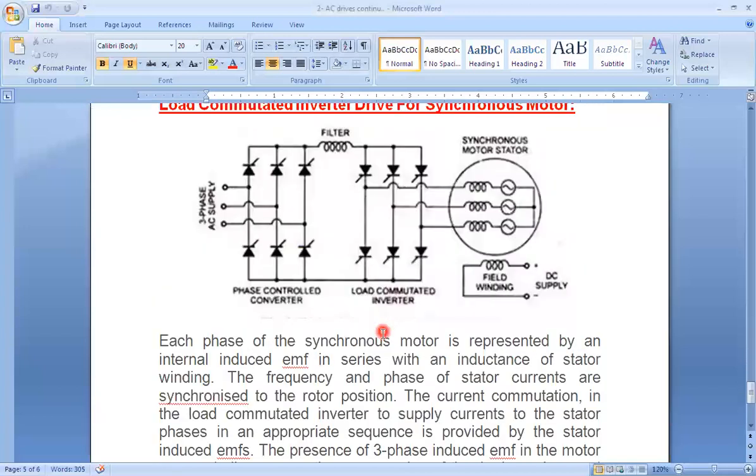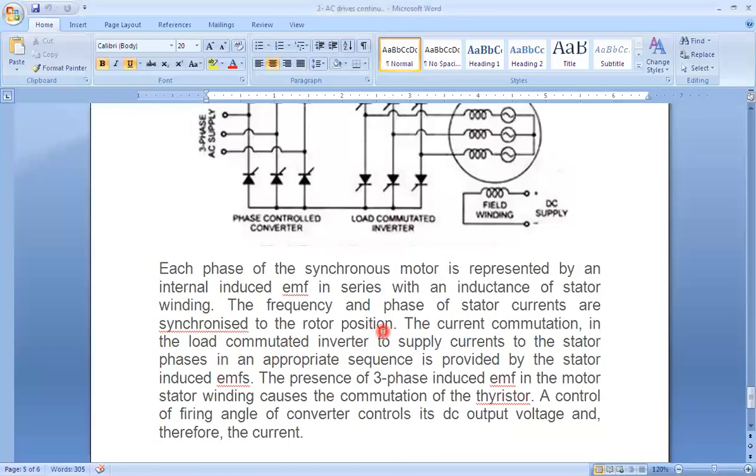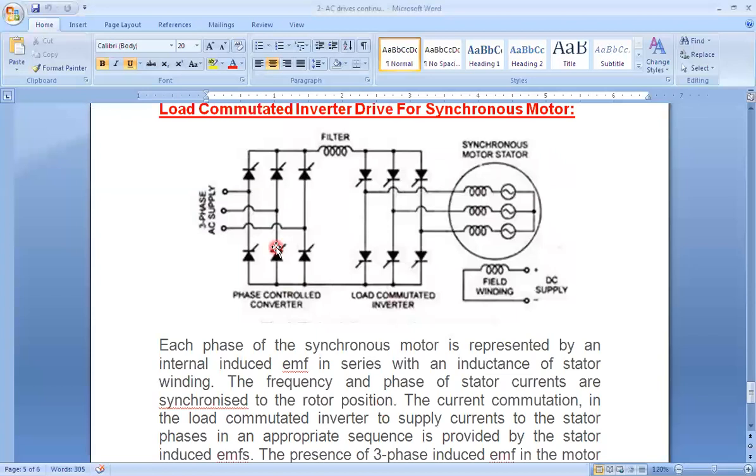Here we will get the variable induced EMF in the stator winding by controlling the firing angle of these thyristors. By firing these thyristors, we get the variable frequency so that we can achieve variable AC voltage and variable frequency across the input of the stator winding. Here the field winding is connected with the DC supply.